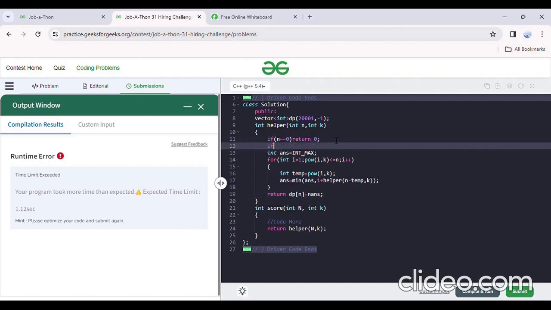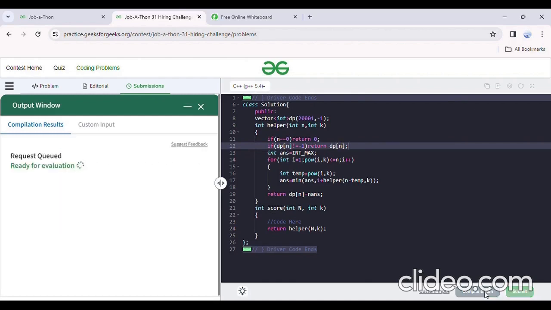If dp of n is not equal to minus 1, then I am returning dp of n. That's it. So we are reusing the answers which were calculated before, and we are reducing the time complexity like that.